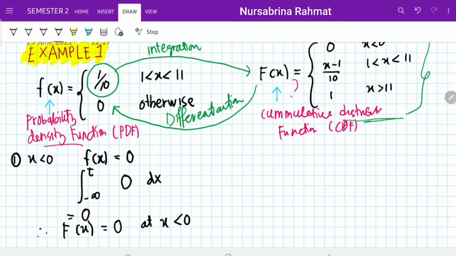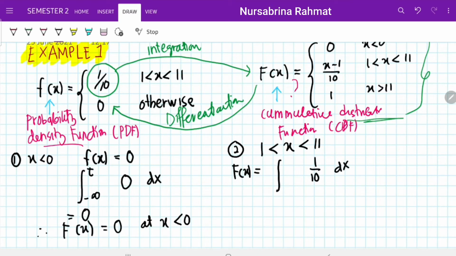Next, let's find the cumulative distribution function for the class interval 1 less than x less than 11. The given probability density function for this class interval is 1 over 10. So the F(x) is the integral of 1 over 10 dx.